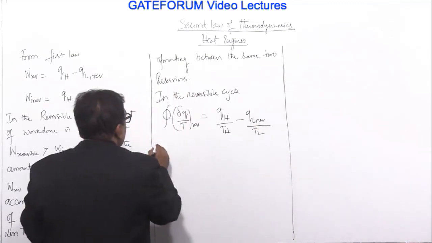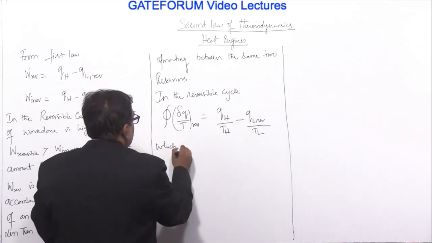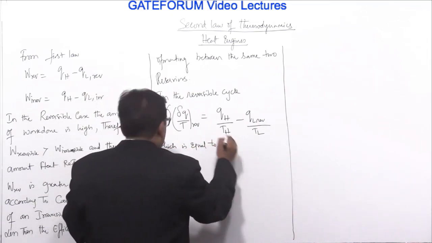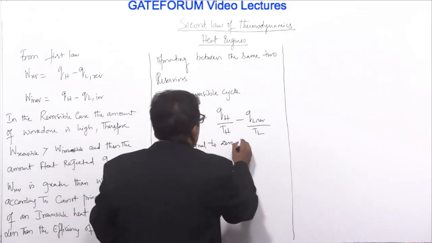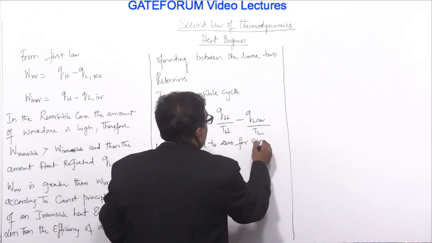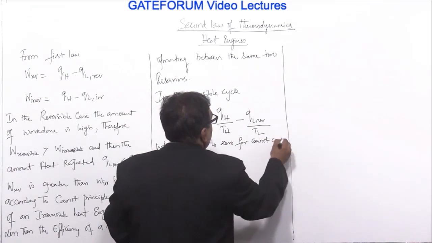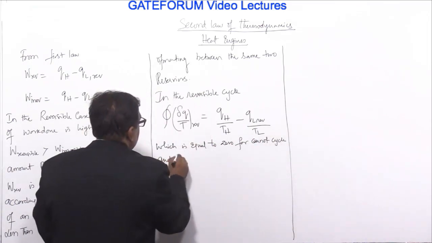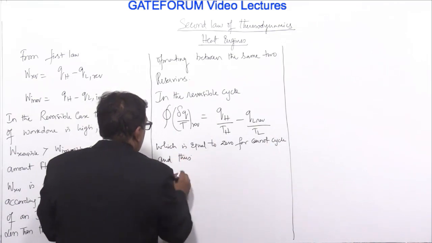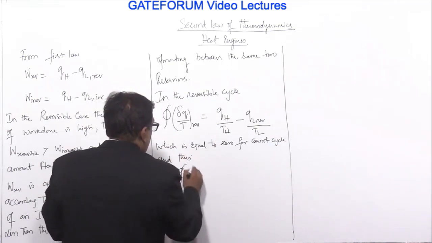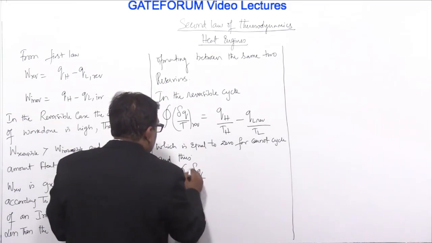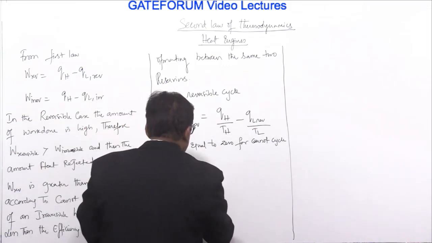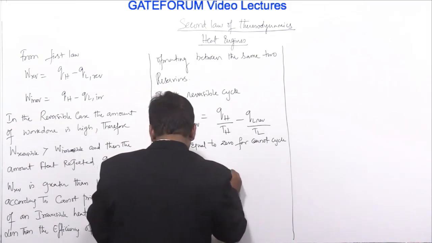Which is equal to 0 for the Carnot cycle. And thus delta Q, or change of the heat, for reversible is equal to 0.